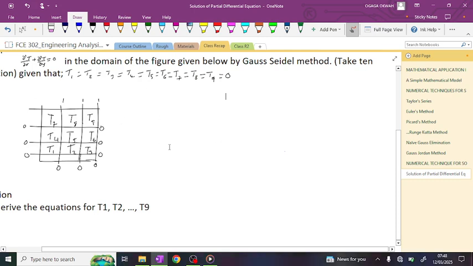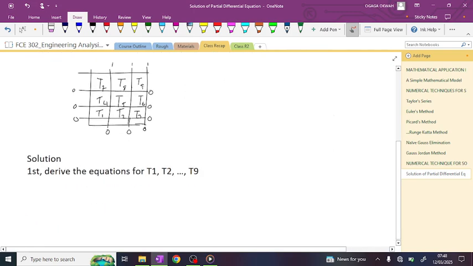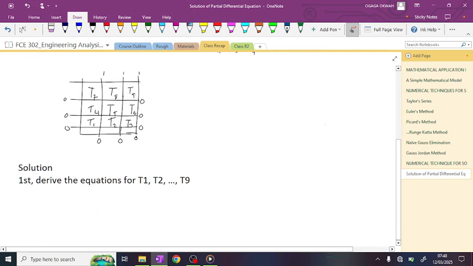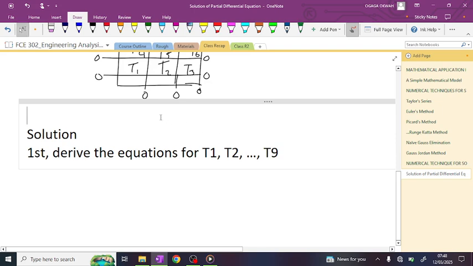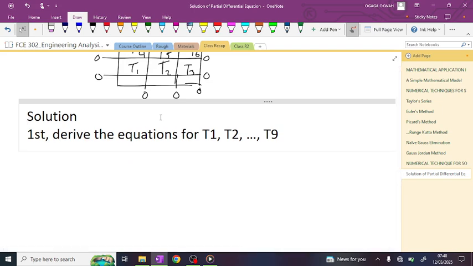So how are we going to solve this? The first thing to do is to derive equations for T1, T2, T3 and so on up to T9. When we need the first iteration for T1, we are going to make use of this equation.